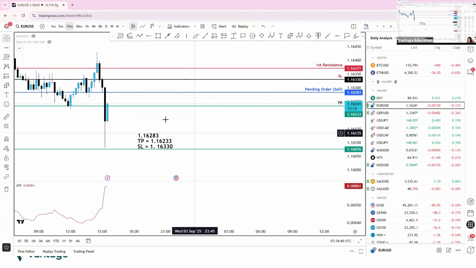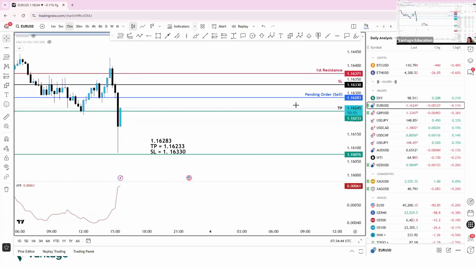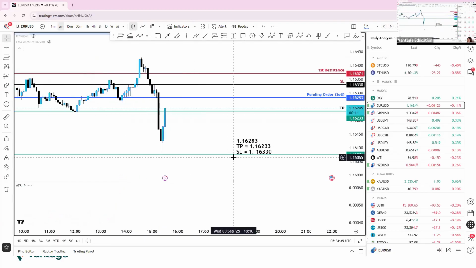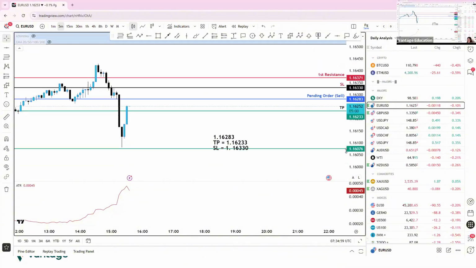So you can see the price is rising. This is going to be your sell entry. And if you think that stop loss is too narrow, you can just use 1.5 or 2 ATR. It's up to you.